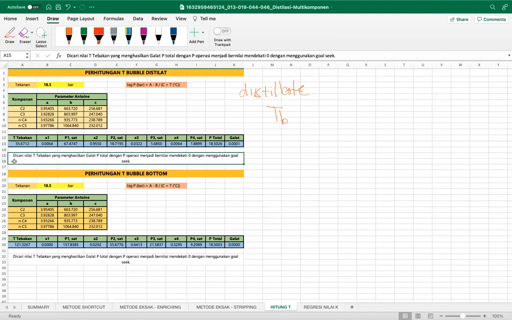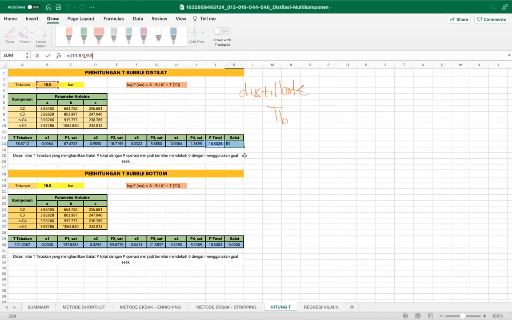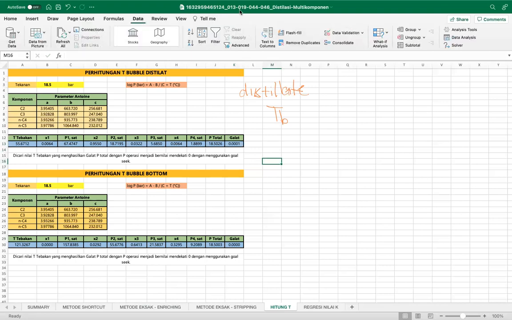So we want to find the T, ya, dicari nilai T tebakan yang menghasilkan galat P total dengan P operasi menjadi bernilai minimal, ya. So we want to find a very small error, kita cari galat minimal. So you want the operating pressure minus the total pressure to be very low, minimal, and then you do it by using Goldfish, for example, from the data there, using Solver.